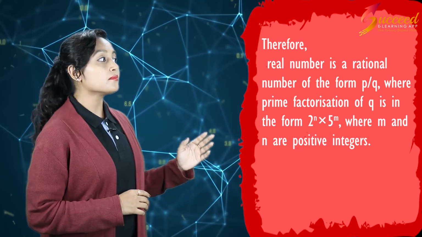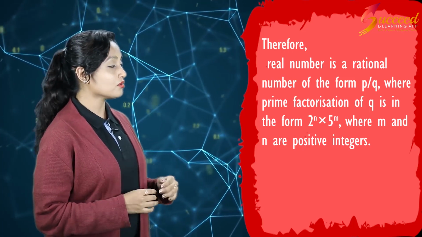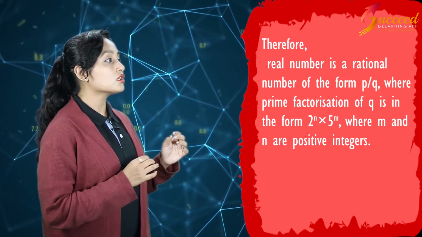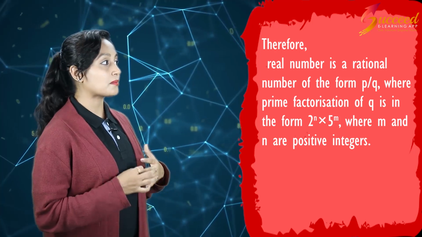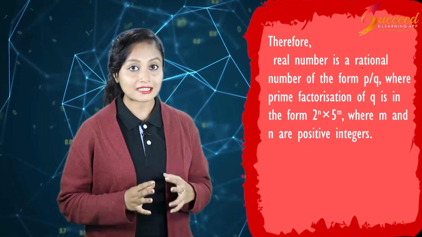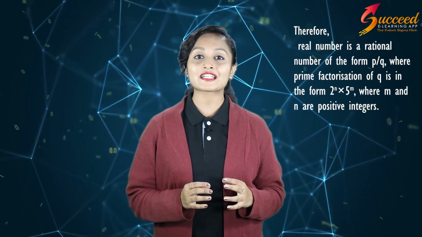Therefore, a real number is a rational number of the form p divided by q, where the prime factorization of q is in the form 2 to the power n into 5 to the power m, where m and n are positive integers. This concludes the topic rational numbers.